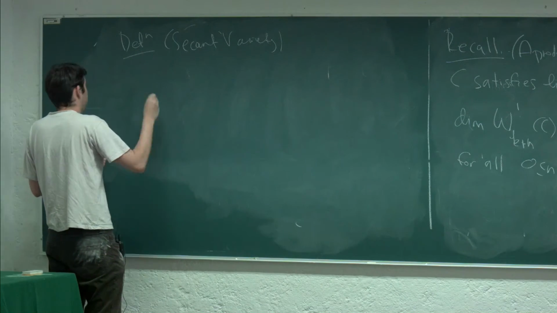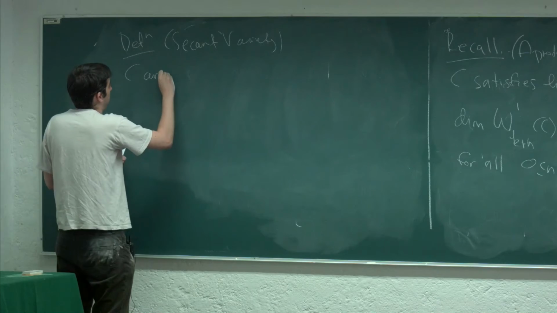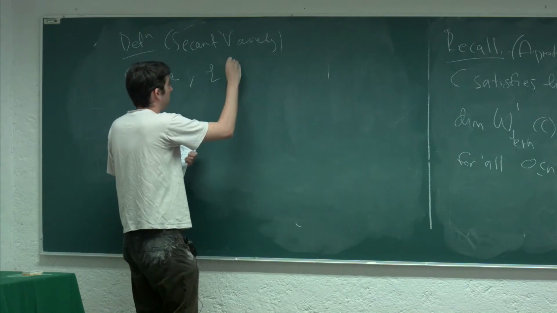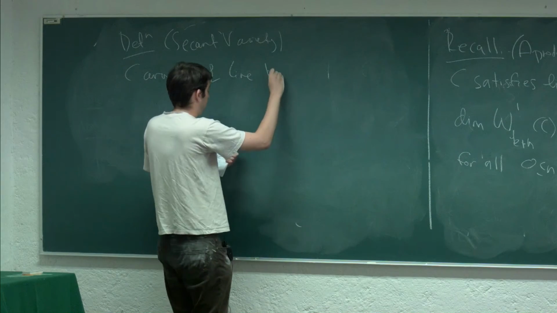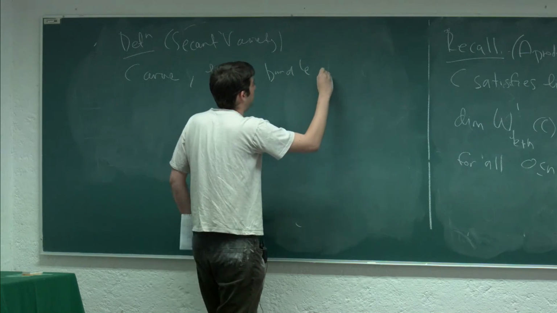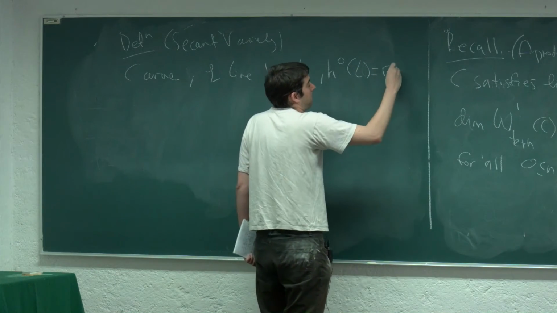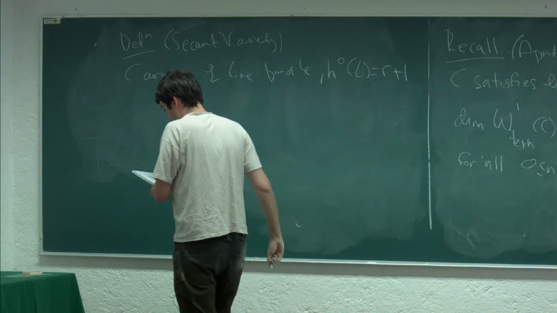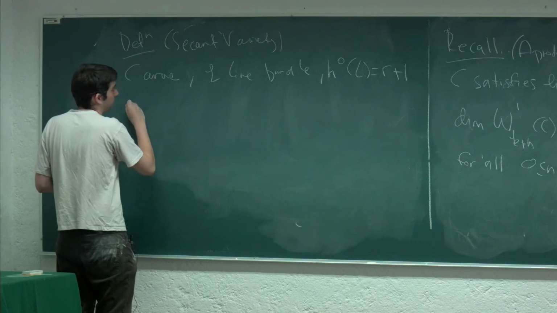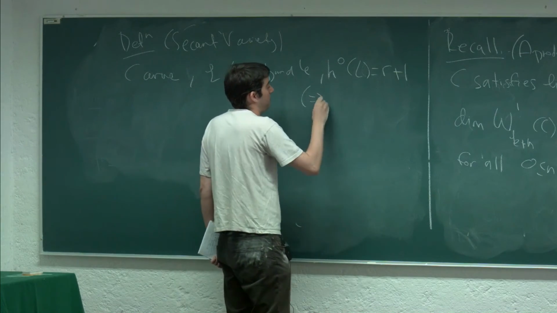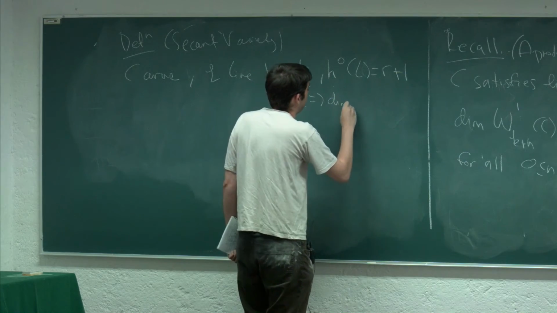So we take a curve C, take a line bundle L with r plus 1 sections. Okay, so if it has r plus 1 sections, that's another way of saying that the dimension of the linear system L is r.